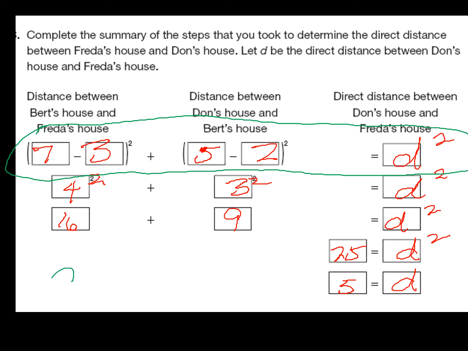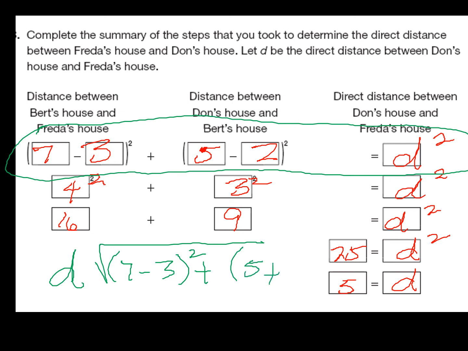It's just instead of d being squared, they just got the regular d. And so that means the other squares have to disappear. That means it's the square root of all that. 7 minus 3, then it gets squared to make the positives. It's just a bunch of little algebra tricks up in there. Minus 5 minus 2. So the distance formula is the Pythagorean theorem when you get down to it, looking like that on the graph. But which one's easier? Pythagorean theorem.